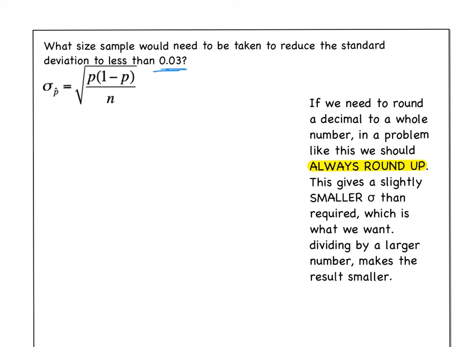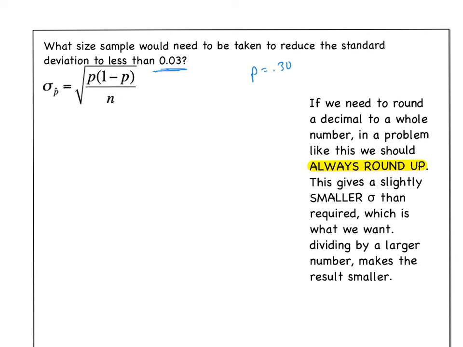And you would want a standard deviation to be low so that your graph is less variable, more compact, hopefully a little bit more precise. So it's a good thing to have a smaller standard deviation. So in this case, remember that our p was 0.30.